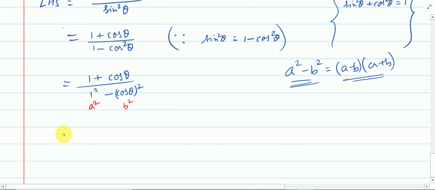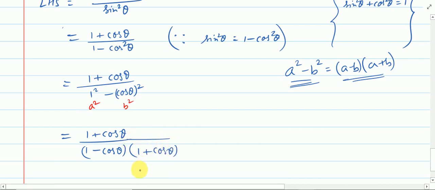So we can write 1 plus cos theta upon 1 minus cos theta, because the formula is a minus b, where a is 1, b is cos theta, and then 1 plus cos theta. Now what do you observe?